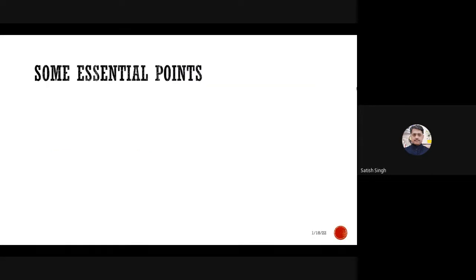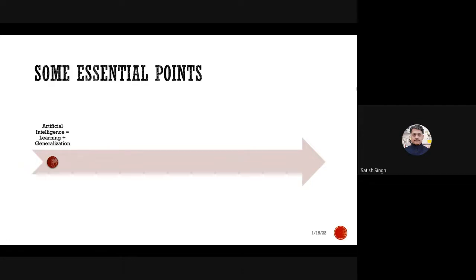So, before starting, let us discuss some very essential points. If we are going to discuss deep learning, machine learning, and many other things, then we should be very well aware of these basic but essential points. Like artificial intelligence. Before moving to that, what is the meaning of artificial intelligence?